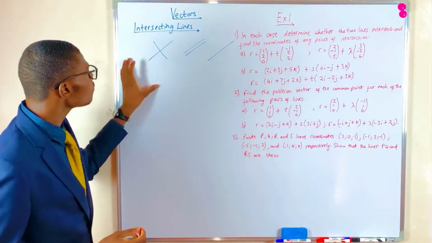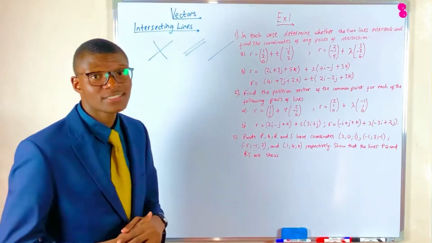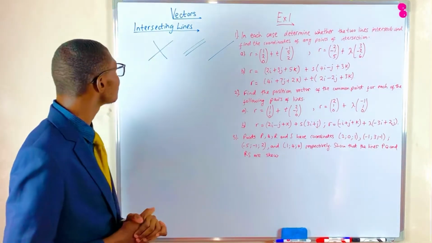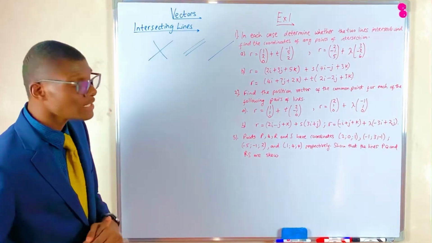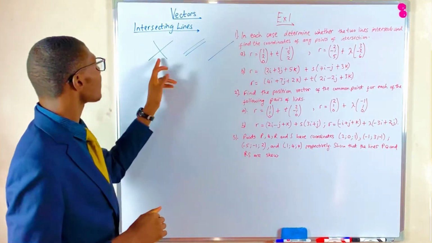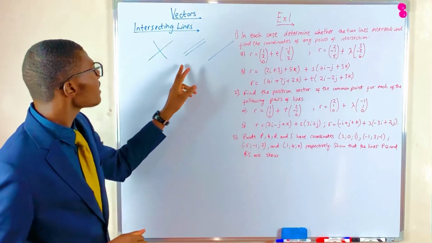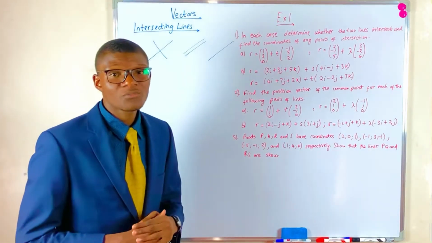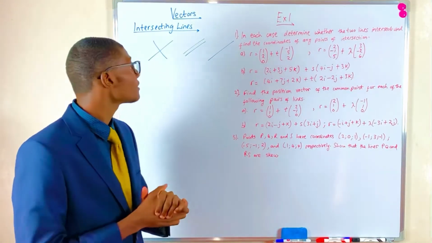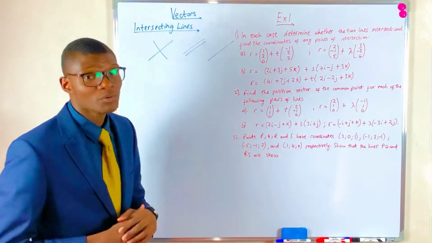So we say two lines intersect at a common point when they've got a common point. We say two lines are parallel if they're in the same direction, but with no common point.